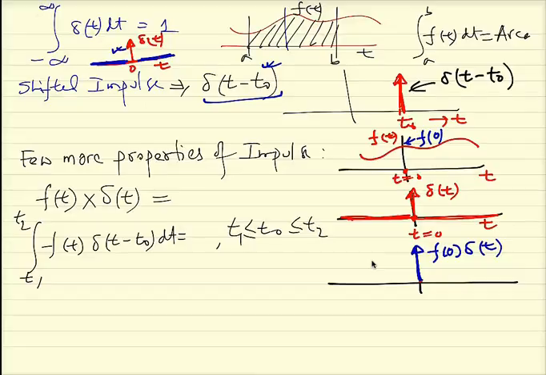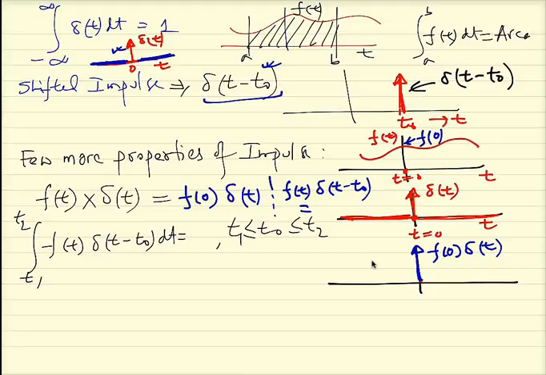Let me write it down. Here you should get f0 delta t, which is the new strength of the impulse. And if you have f of t delta t minus t naught, what will be the result of this one?